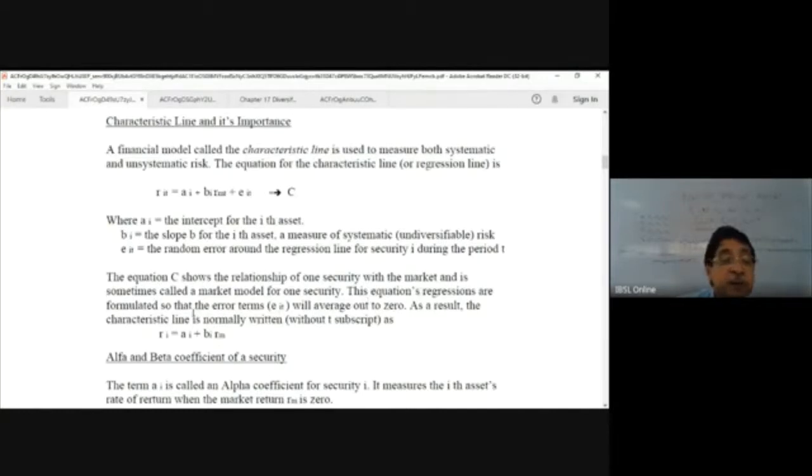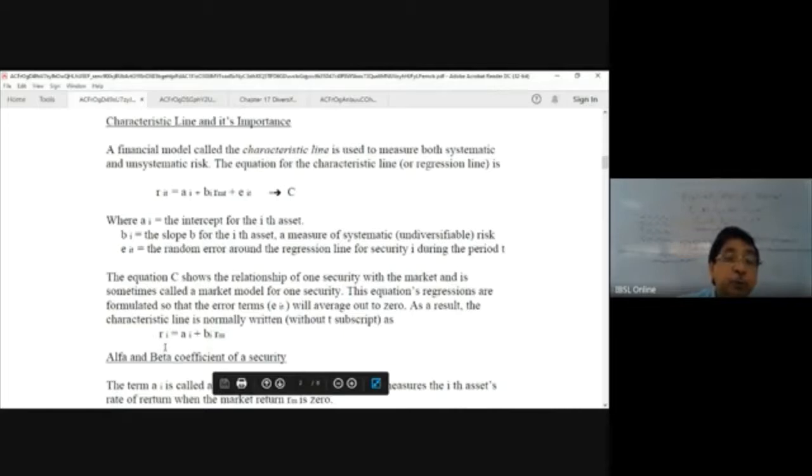These regression equations are formulated so that the error terms will average out to 0. As a result, the characteristic line is normally written without the T subscript, like this: Ri is equal to AI plus Bi Rm. Now you can just compare these two equations. You can see that the time T is not there, and EIT is also not seen in this equation.